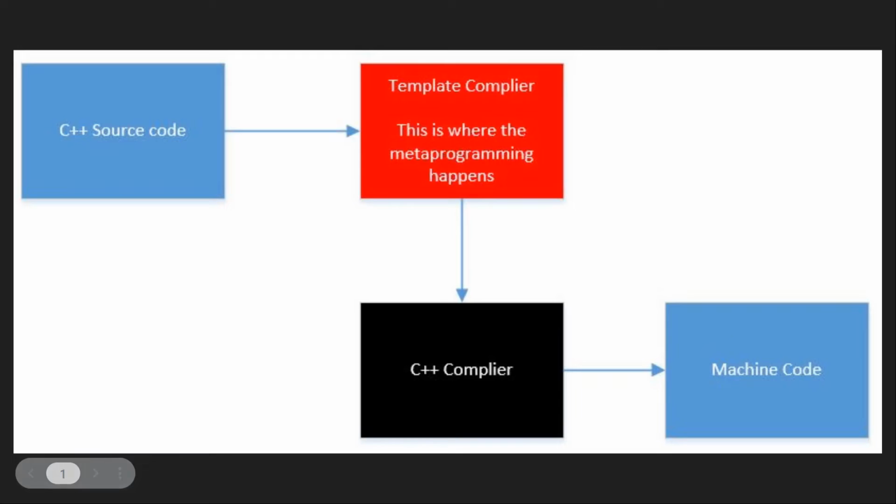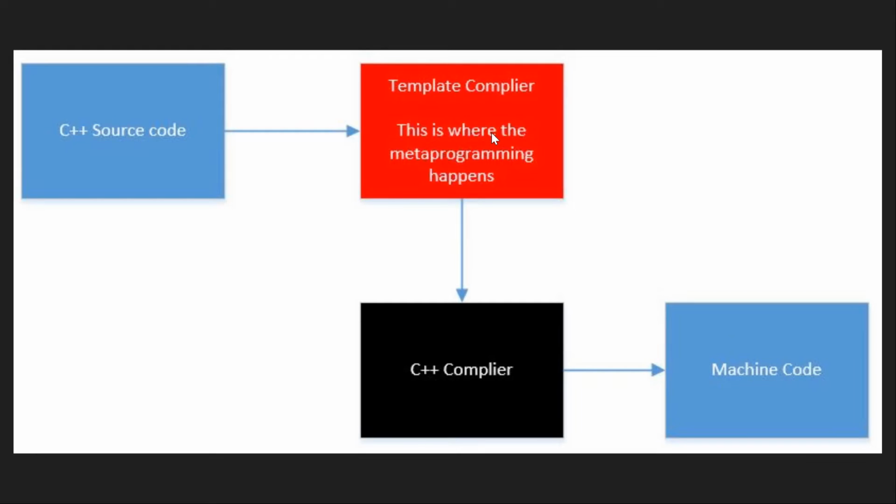C++ templates that have been created can be customized at compile time with the help of metaprogramming. So as we've got in our block diagram here, we have our C++ source code in our IDE, and then we also have a template compiler. This template compiler here in red is where the magic happens, where template metaprogramming can happen.